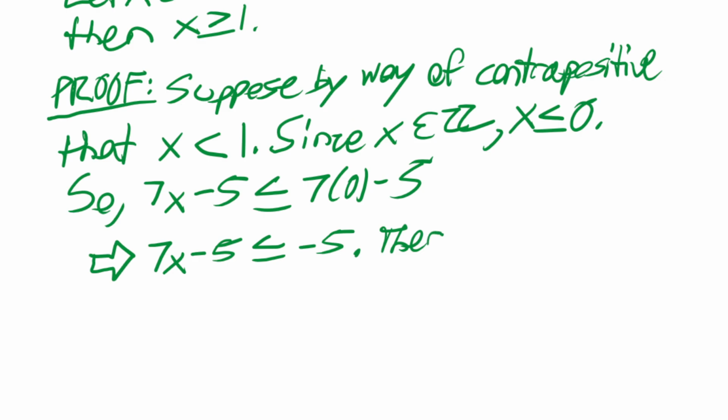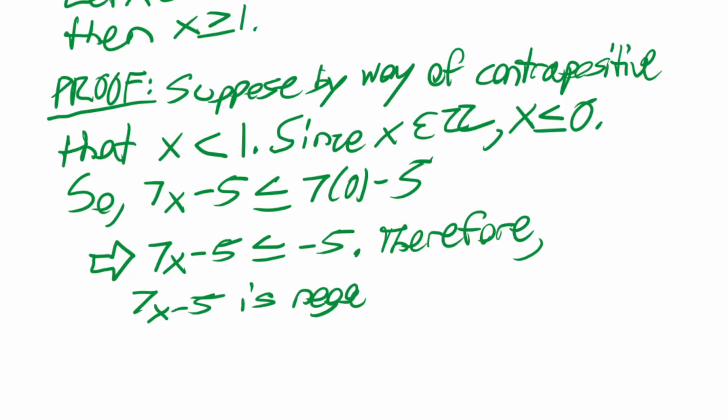So therefore, 7x minus 5 is negative, as desired.